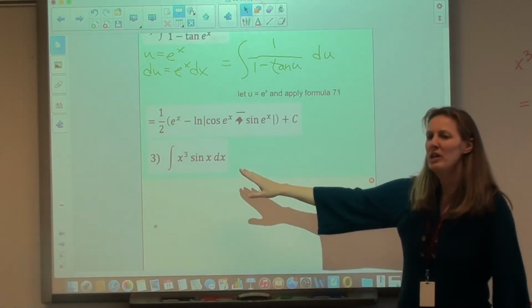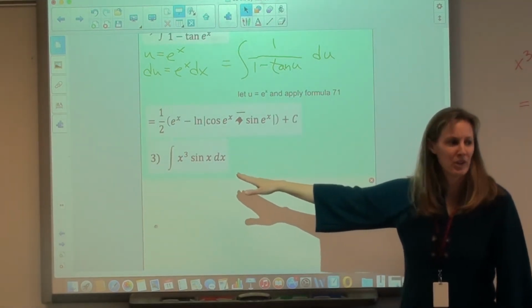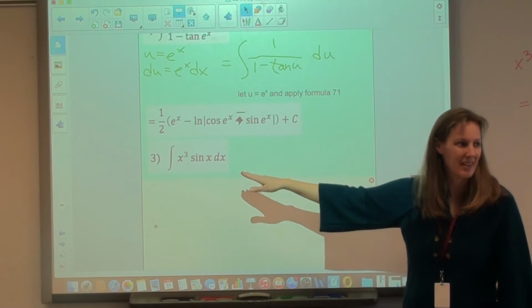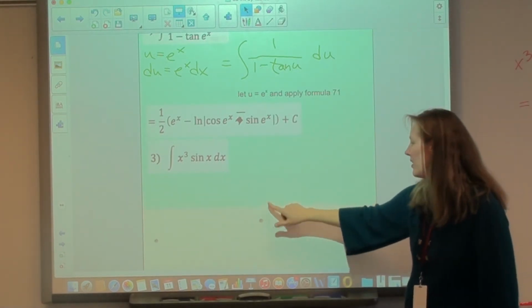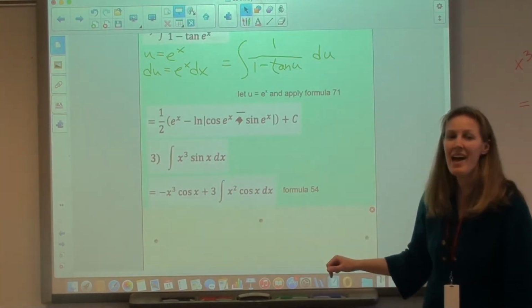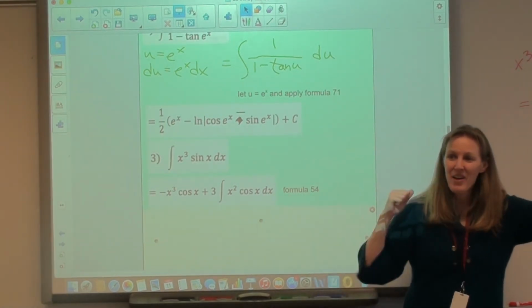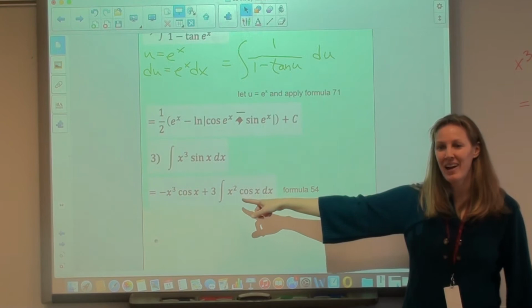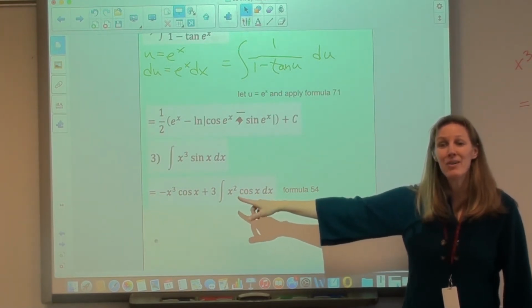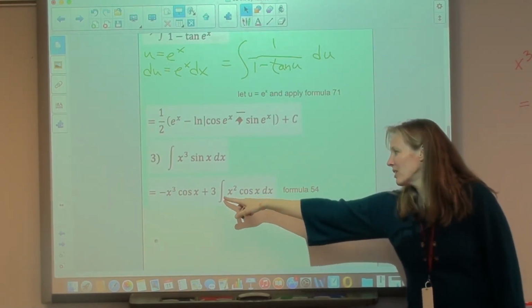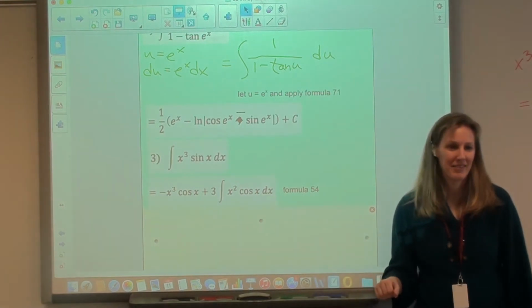Hey, which formula did you use for the first step? Formula 54? Hey, what's fun about formula 54? You still have to keep going. There's an integral in it, right? So now you need another formula for the integral of x squared cosine x.